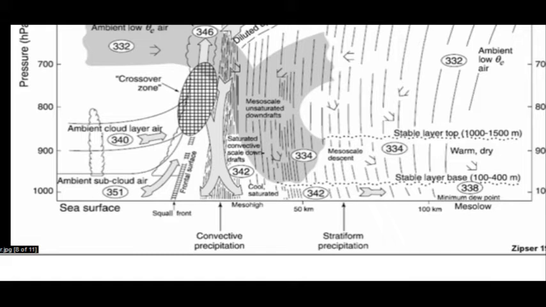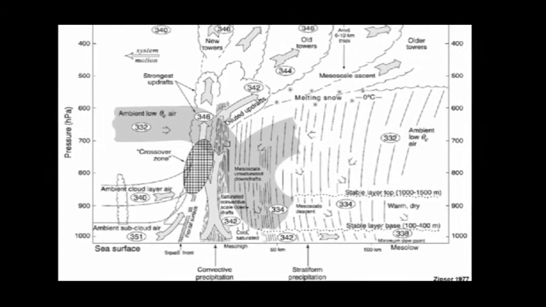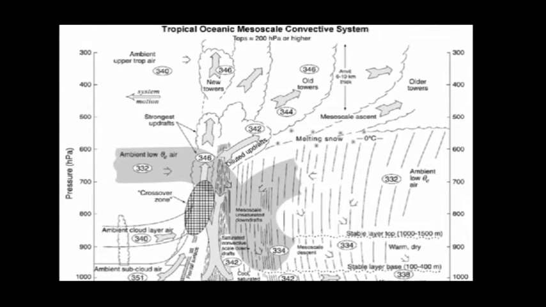And there's a quick look at a diagram of a tropical MCS. And this is the area to the west where the storm is moving toward. And we have the main updraft area right there. And you can see how the MCS is comprised of multiple towers.